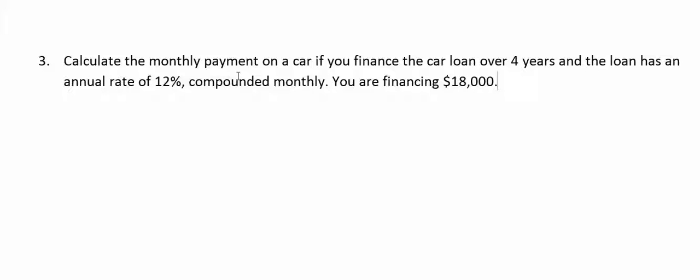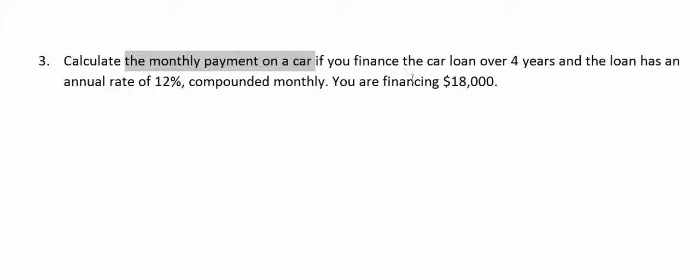So we have this problem in front of us. We have to decide, is it an annuity or a lump sum? We are trying to calculate our monthly payments. We'll have 48 months of payments. That makes it an annuity. And now we have to decide, do we use the present value or future value annuity tables?